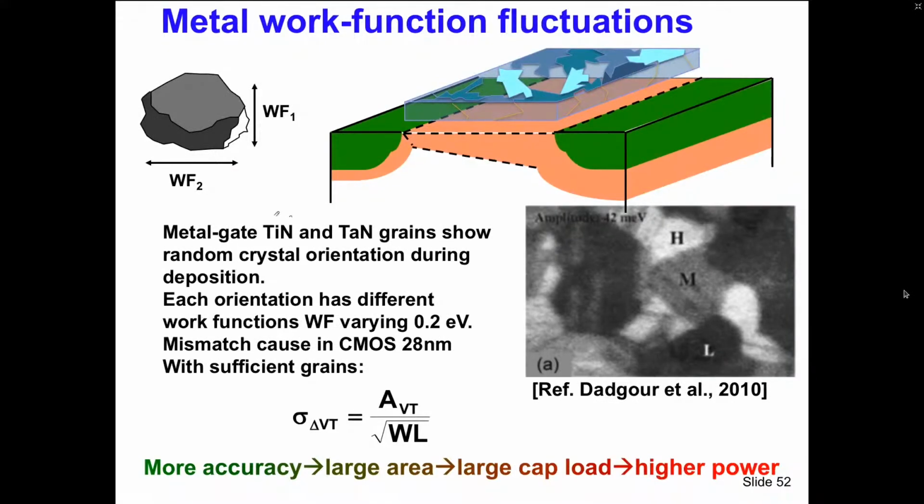So modern processes all use metal gate, and the metal gate grains show different work functions depending on how you approach the lattice of this titanium nitride type of structure. And that means that you see over here, this is an Intel photograph.